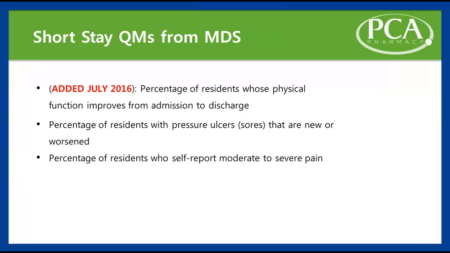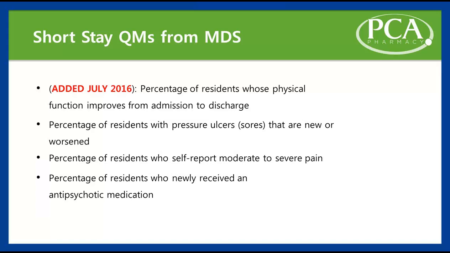Percentage of residents who self-report moderate to severe pain. Again, with the pressure ulcers, it would be a pressure ulcer that's a stage 2 to 4, moderate to severe pain, or horrible or excruciating pain in the last 5 days, much like we saw with the long stay quality measures. And the percentage of residents who newly received an antipsychotic.